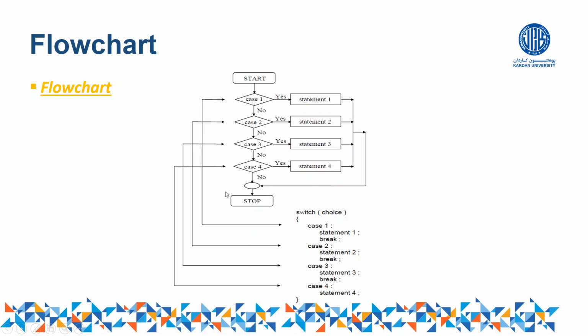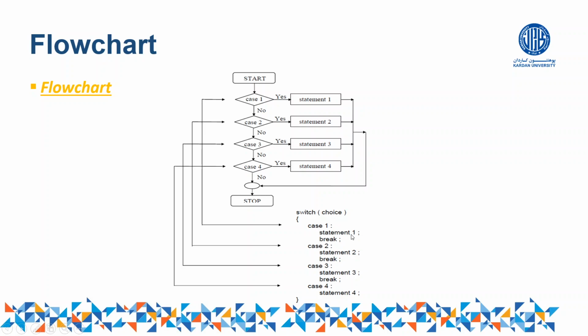Now here you can see the syntax along with this flow chart. This is switch choice, okay, case 1. If choice is 1, then statement 1 will be executed.